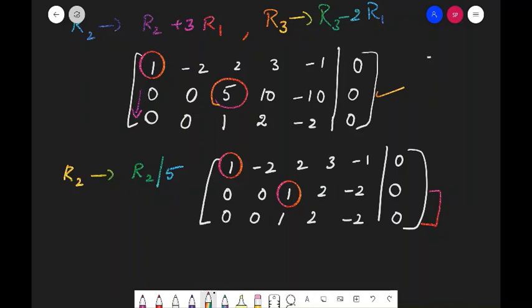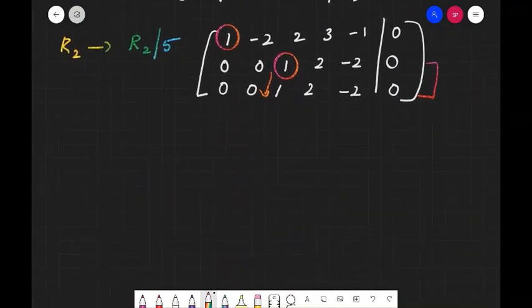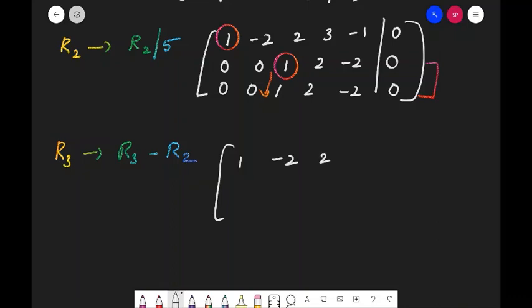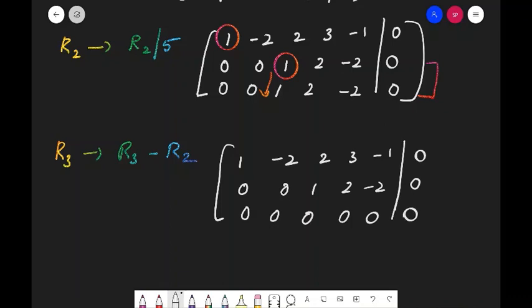So how can I make zeros using this? My next operation will be R3 minus R2. So the matrix will become 1 -2 2 3 -1 0, 0 0 1 2 -2 0, and 0 0 0 0 0 0.